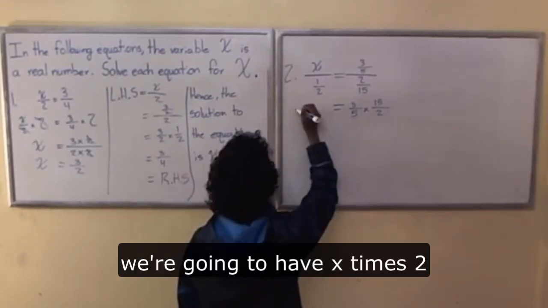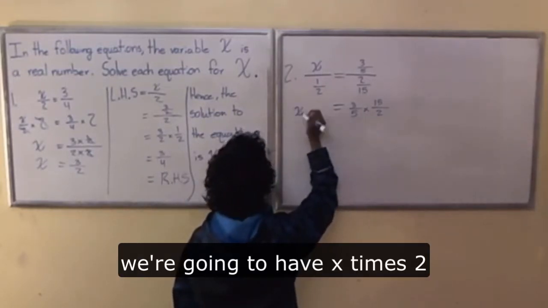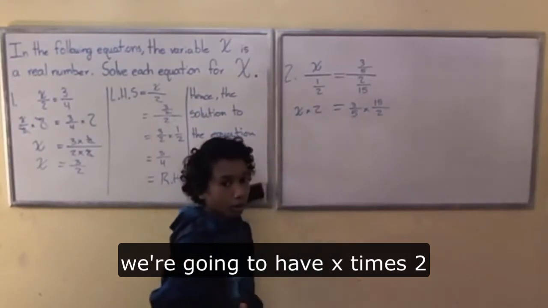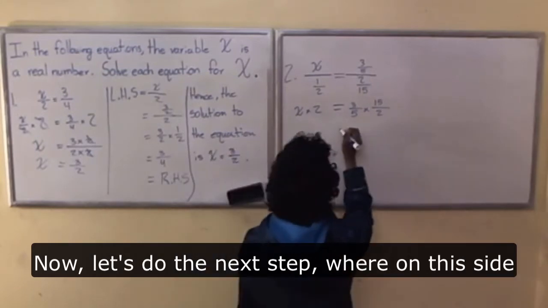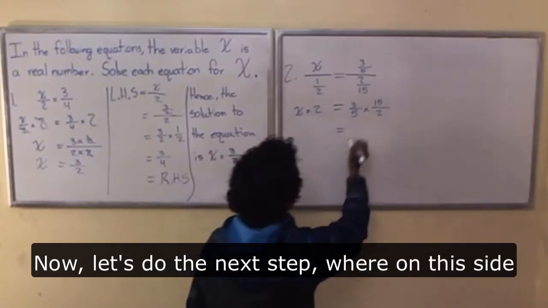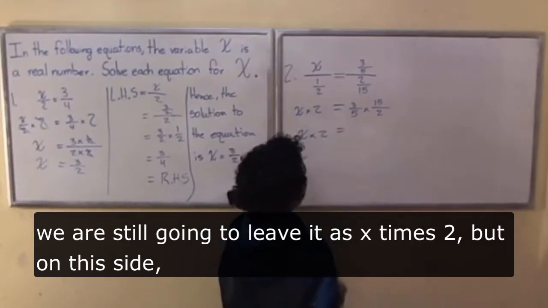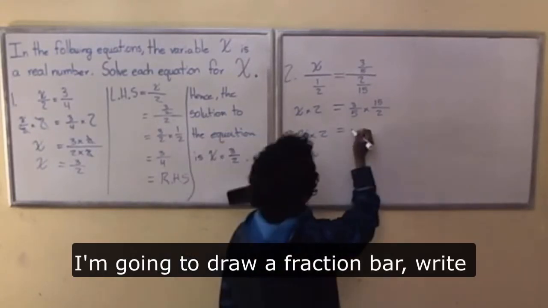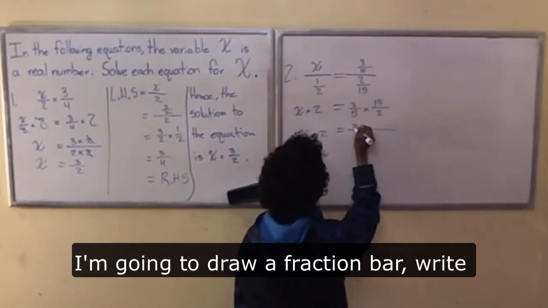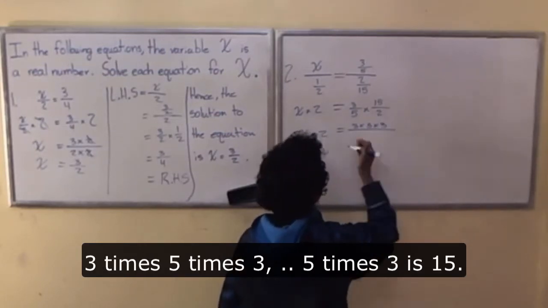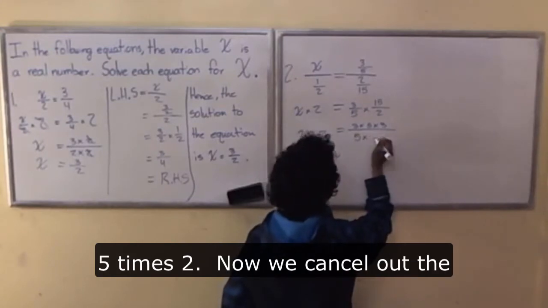And on this side, we're going to have x times 2. Now, let's do the next step where on this side, we're still going to leave it as x times 2. But on this side, I'm going to draw a fraction bar, write 3 times 15 over 5 times 2.